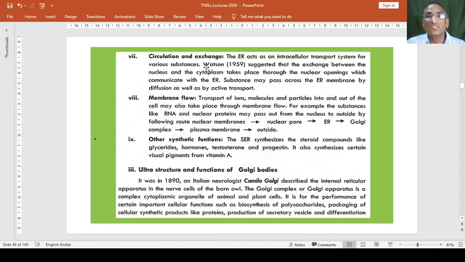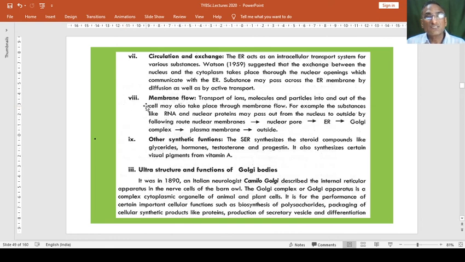Then substances may pass across the endoplasmic reticulum membrane simply by diffusion, as well as by active transport. So both ways show the transport of material or substances.